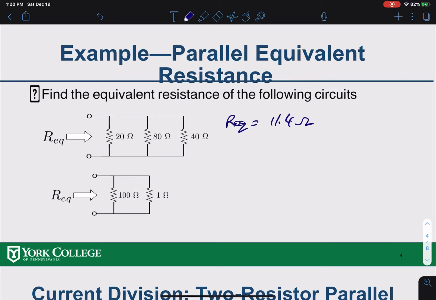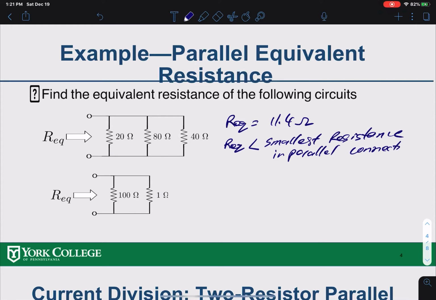So R equivalent for a parallel connection is smaller than the smallest resistance in the parallel connection. You can see that R equivalent is 11.4, which is smaller than the smallest one, which is 20 here.